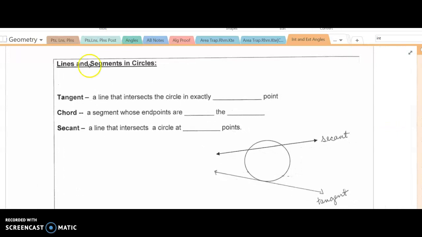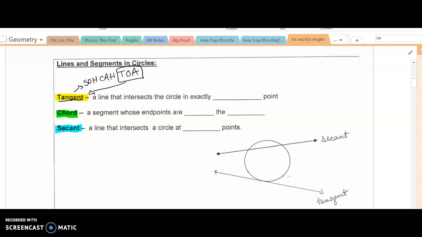So there are three kinds of lines we're going to talk about that cross circles. The first one is called the tangent line. We've seen that word before, tangent, when we dealt with SOHCAHTOA, right? Tangent being opposite over adjacent is related to the tangent we're talking about here.